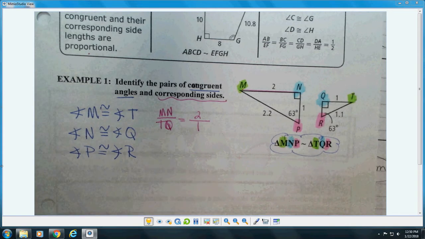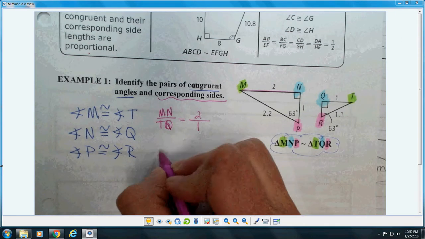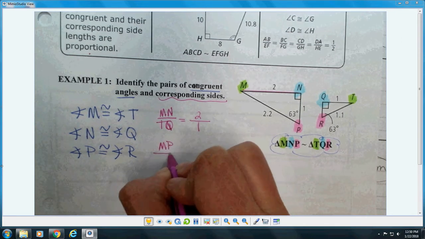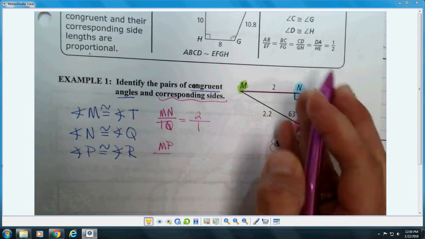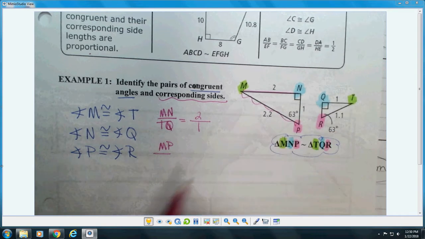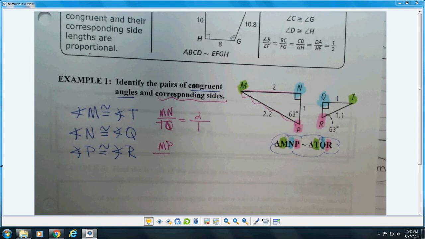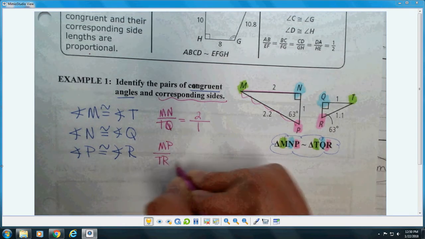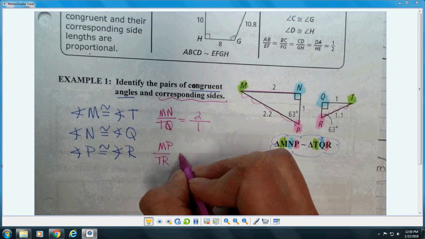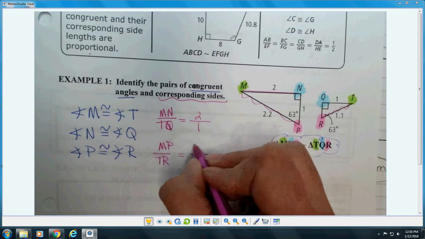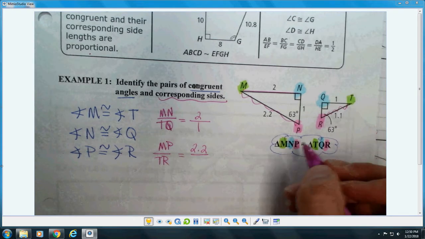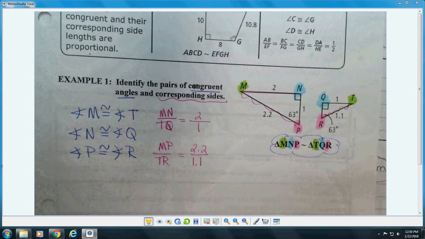No, so I'm done. My next one I'm going to do is MP. So I went M to P, which went green to pink. So my corresponding side on my other triangle is TR, because it's green to pink. So MP is 2.2. TR is 1.1.